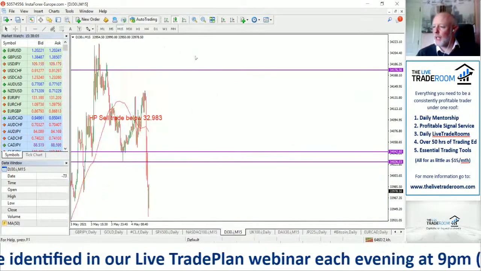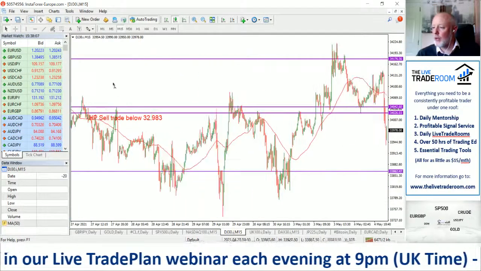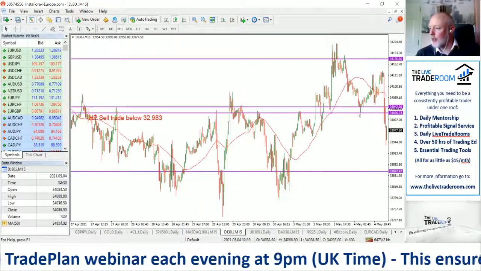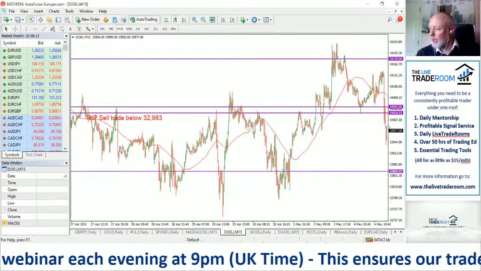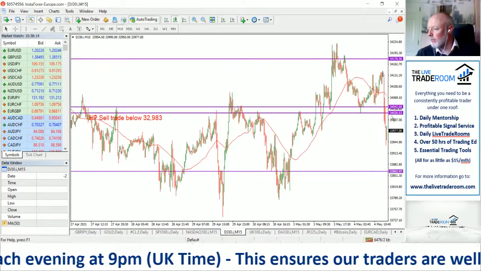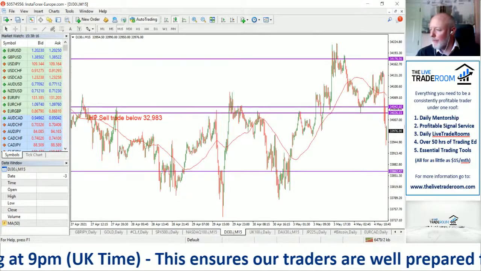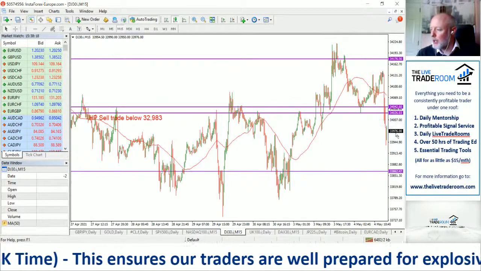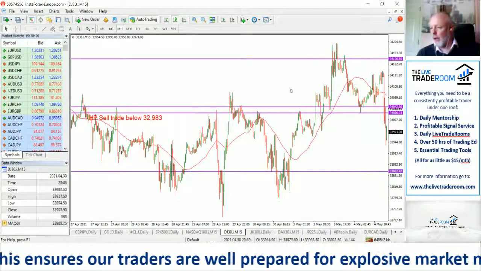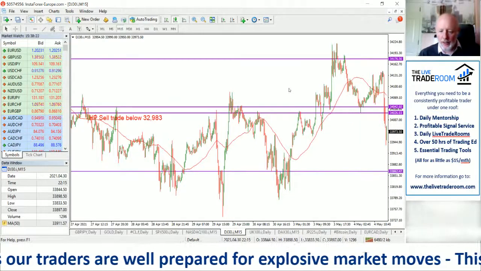Apologies, I perhaps misunderstood your question. So we're getting this structural failure trade to the downside. So a pullback to the 34,000 level would be a constructive pullback if you're looking for a further sell in this trade.